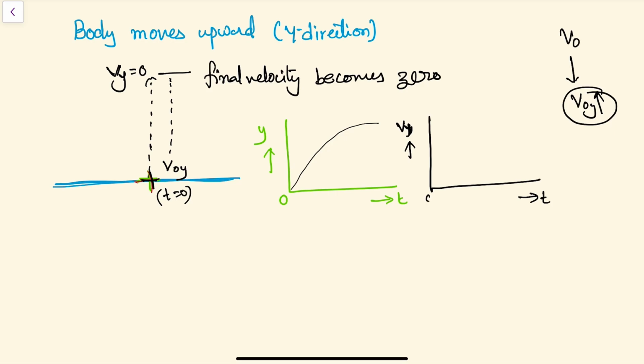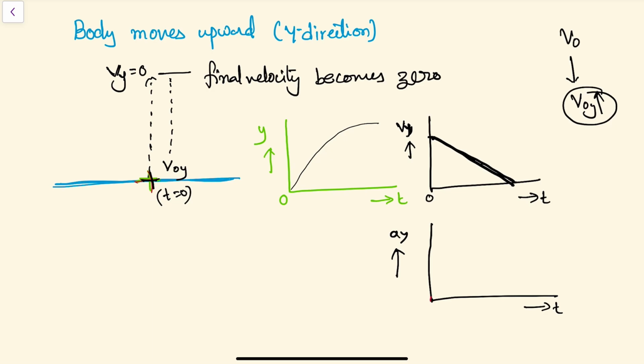So this is the velocity. Slowly as it goes upward, the velocity is decreasing. Finally it halts at 0. This is the graph actually. Right? Coming to the acceleration graph, ay.